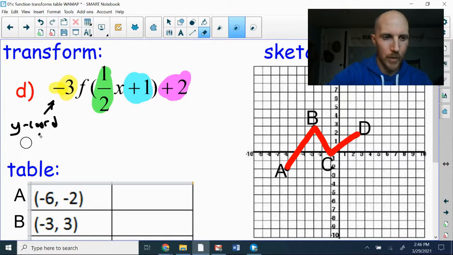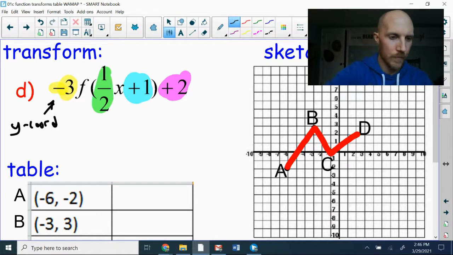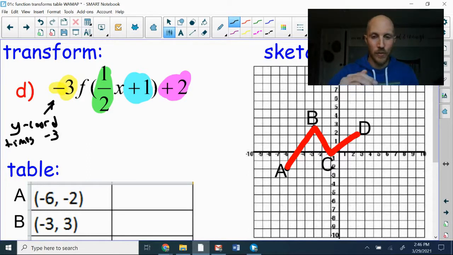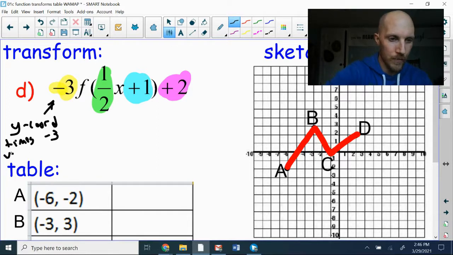Let's just call it times, that's easier to write. And it is both a reflection and a vertical stretch.